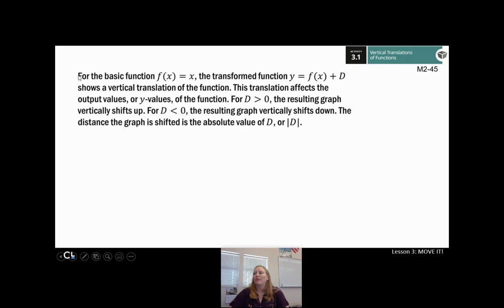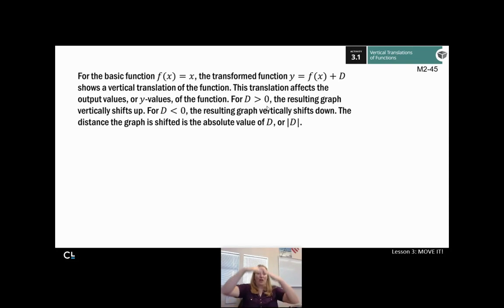And of course, you're smart enough to have already realized that if d is greater than 0, if your d value is a positive number, it shifts your graph up. If d is less than 0, if d is a negative number, the resulting graph shifts down. All right? Makes sense, right? If it goes up 5, I'm going to be adding 5.